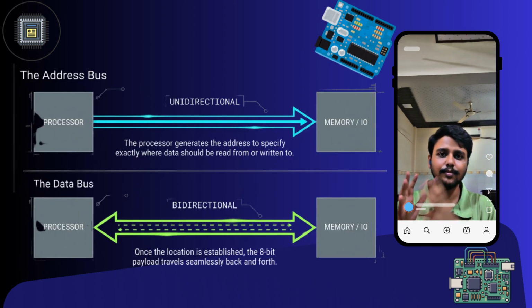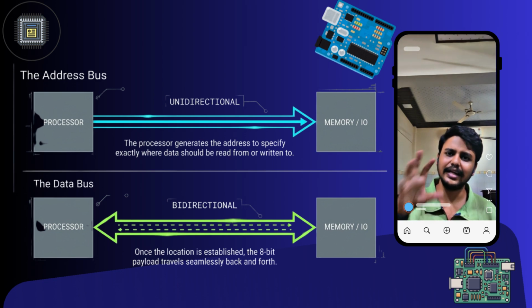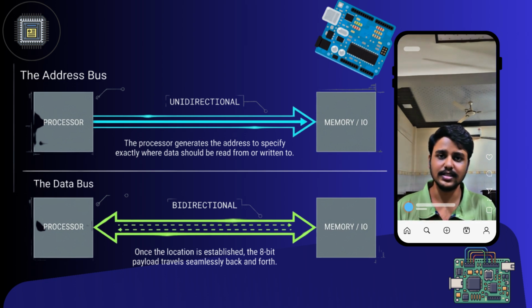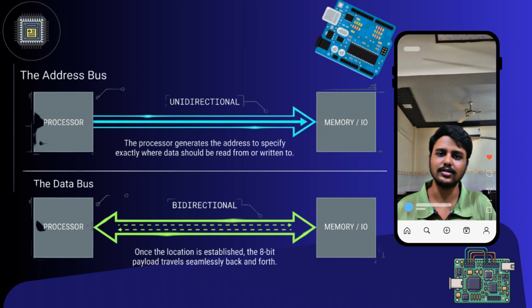Now, let us discuss the power supply requirements of the 8085 microprocessor. The Intel 8085 operates on a single plus 5 volt DC supply. This was an improvement over previous processors like the 8080, which required multiple power supply voltages. Because 8085 requires only a single power supply, it simplifies the system design and reduces the hardware complexity.